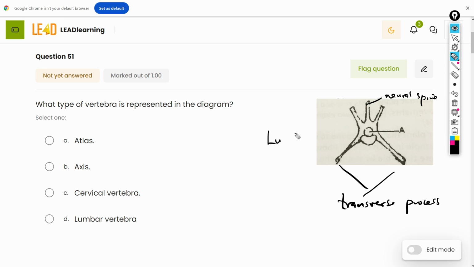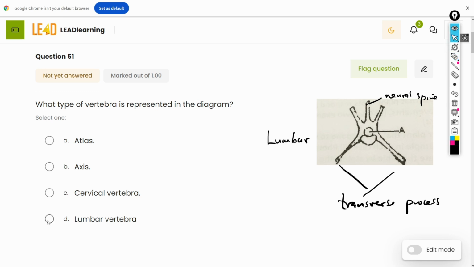The lumbar vertebra is found at the abdominal region. So our answer is the lumbar vertebra, option C.